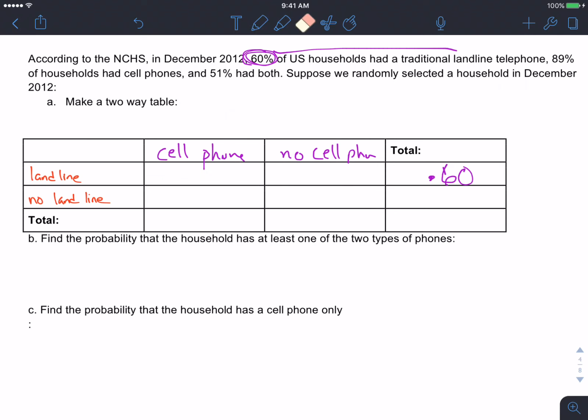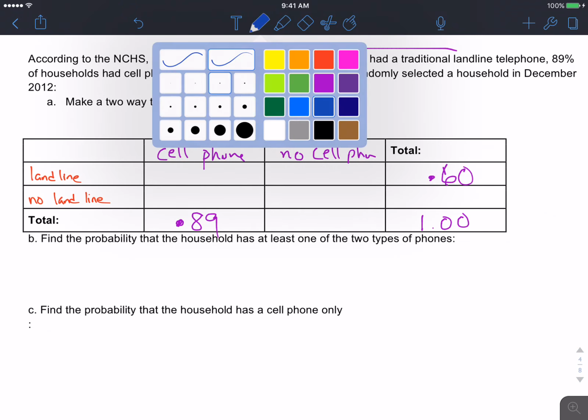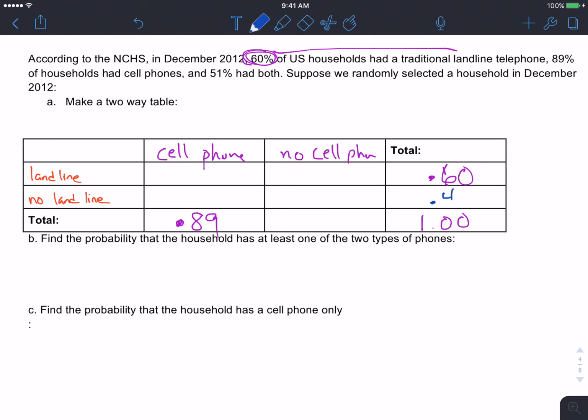Then it said 89% of households had a cell phone, so I need a total of 89% for cell phones. Since this is going to be a legitimate probability, the grand total needs to be out of 1. Then you could fill in the rest of these bottoms by just doing some basic subtraction.